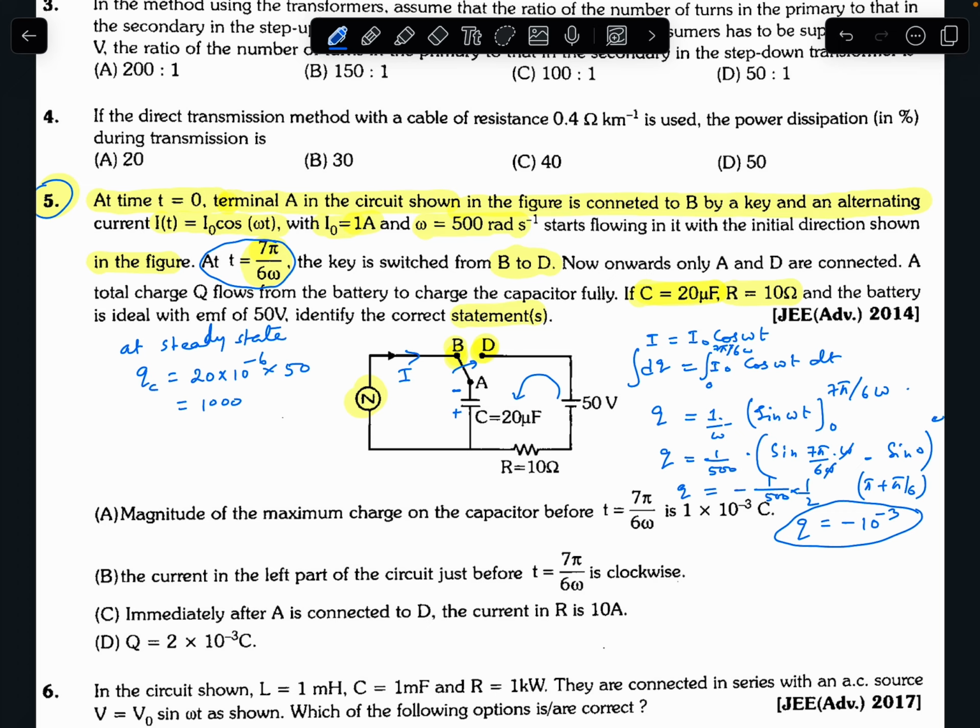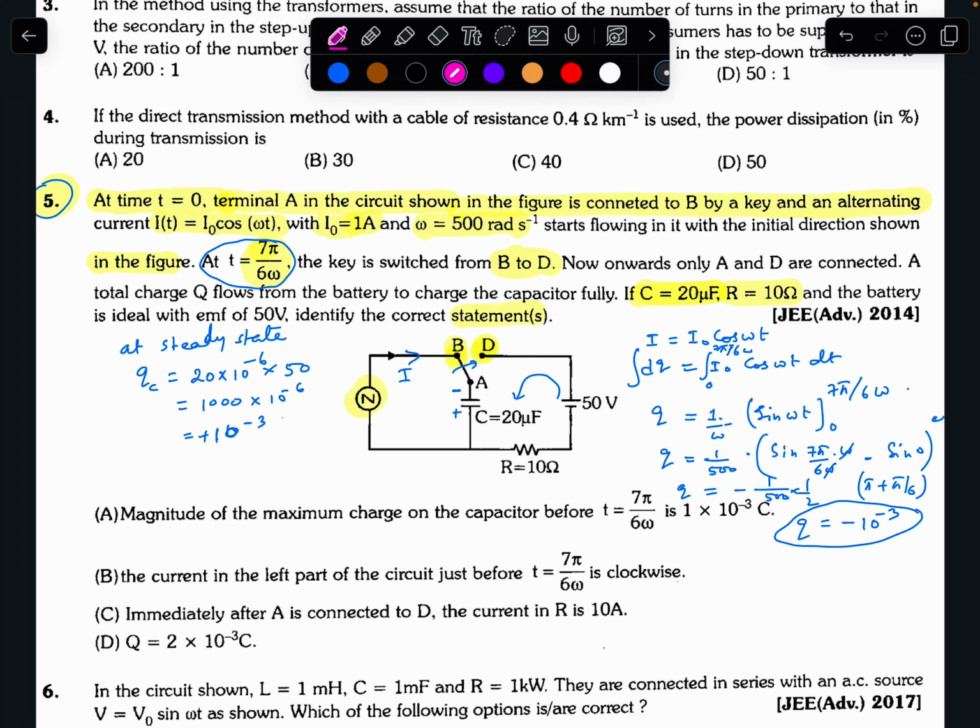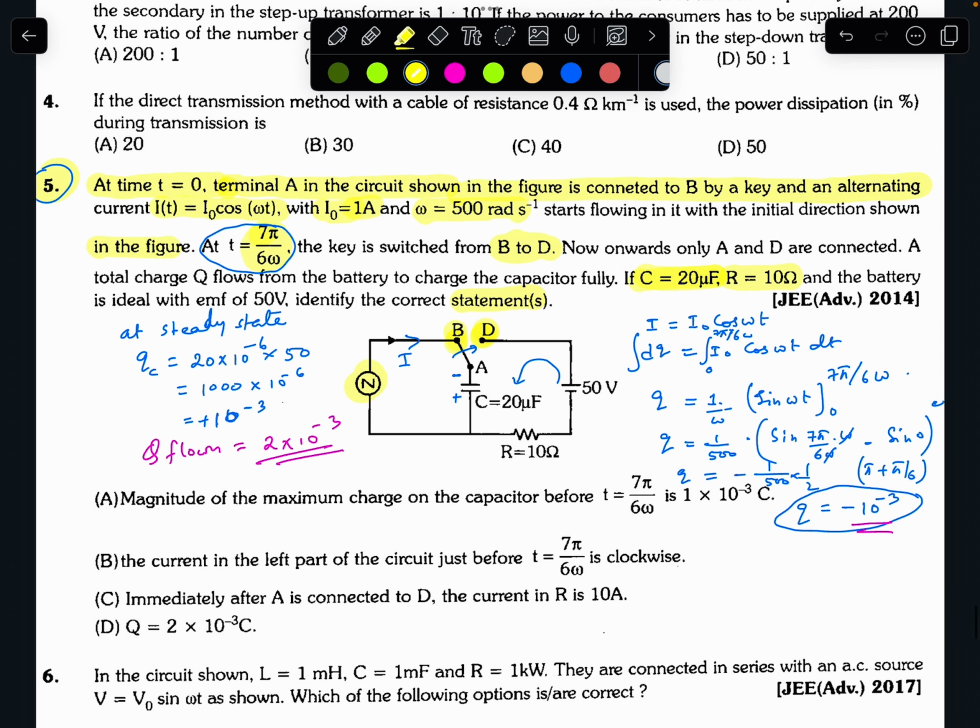So I get 10 to the power minus 3, plus 10 to the power minus 3. Now you can see that initially the charge was minus 10 to the power minus 3 and finally the charge is plus 10 to the power minus 3. So how much charge flowed from the battery? Q flown will be 2 into 10 to the power minus 3. You can see option D. So option D is definitely correct.